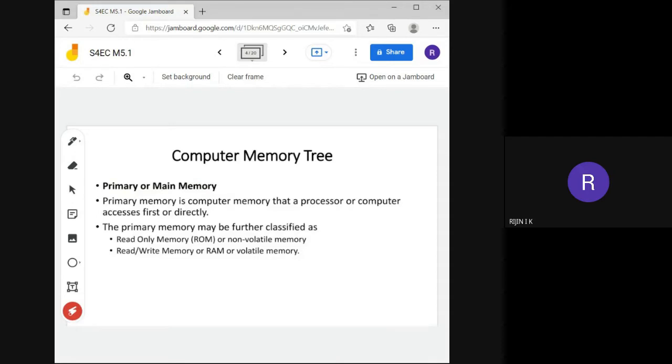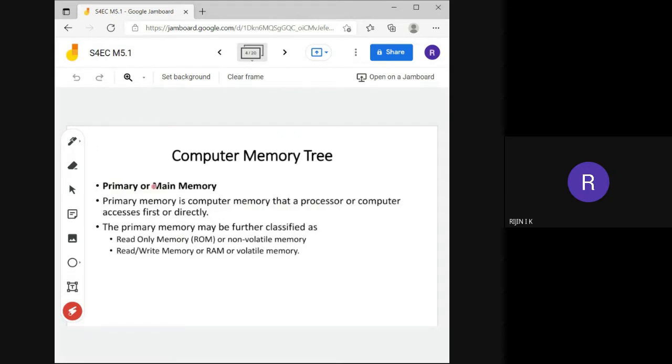Primary memory, or we will call it the main memory of the computer. What is that? Primary memory is computer memory that a processor or computer accesses first or directly. When a processor or computer is executing something, it first directly accesses this memory.